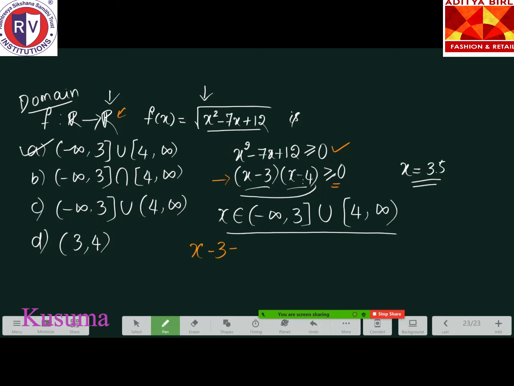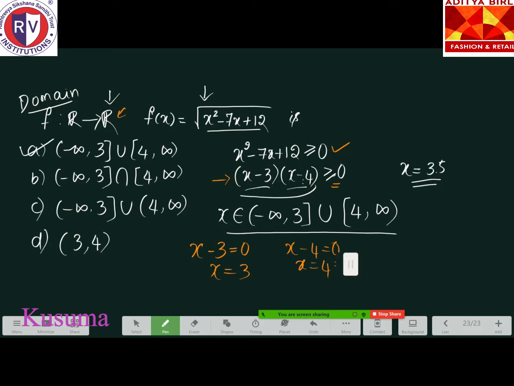I will take this factor and equate it to 0. x is equal to 3 is a root. Considering the other factor, x is equal to 4 will be a root.